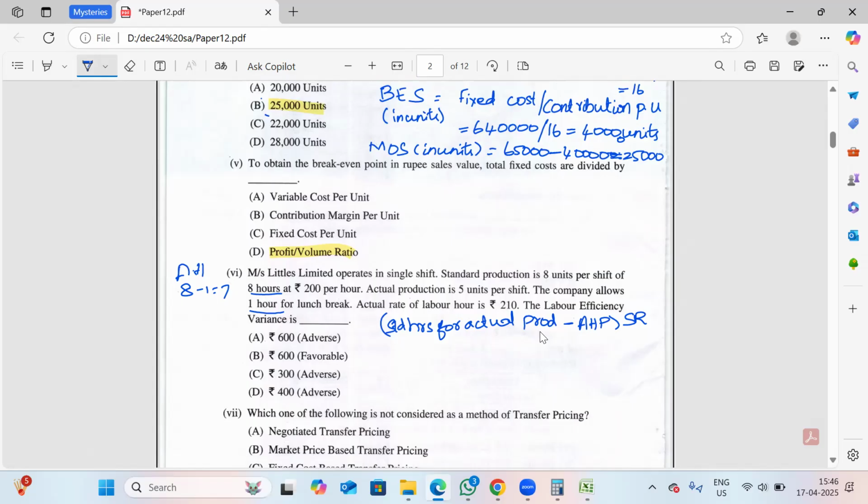For 5 units I require 5 hours. But here I used 7 hours. So the variance is 2 hours, and 2 hours is adverse.